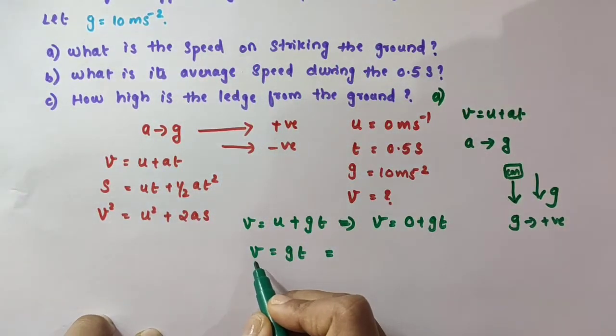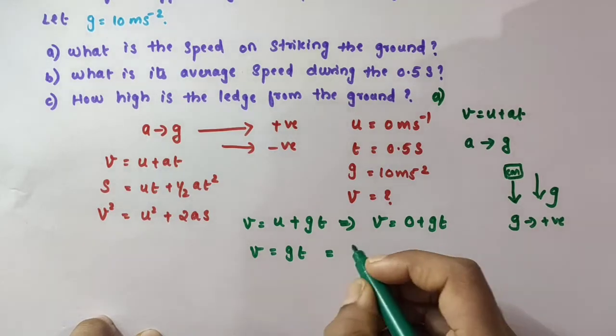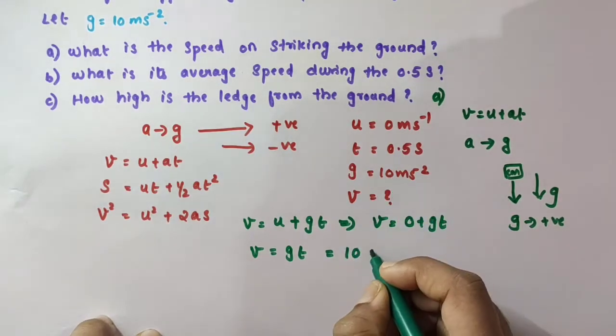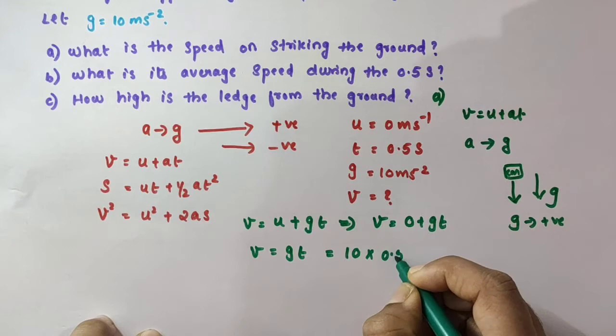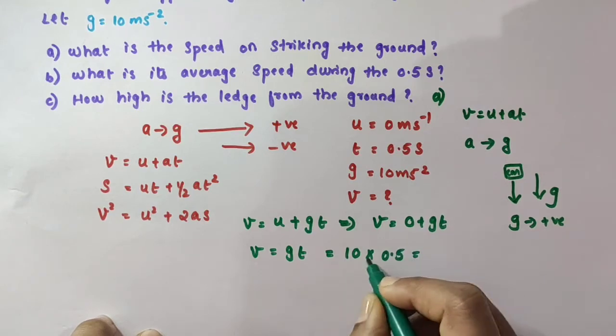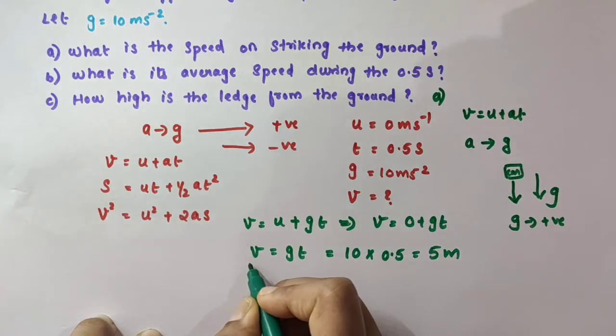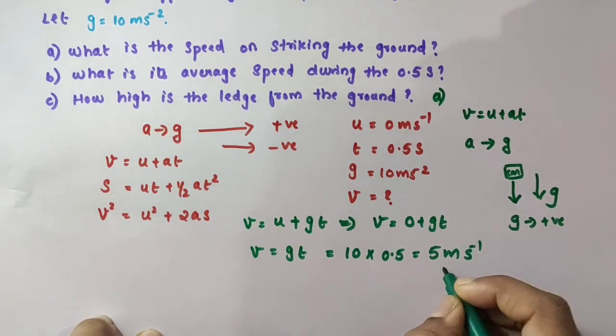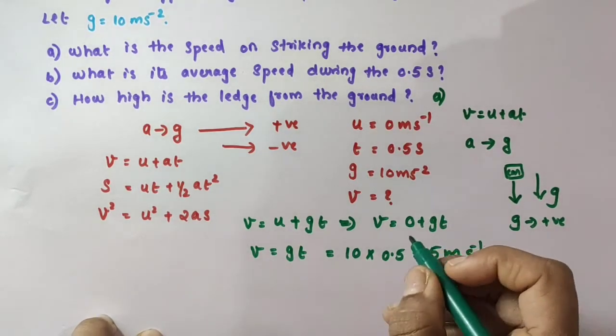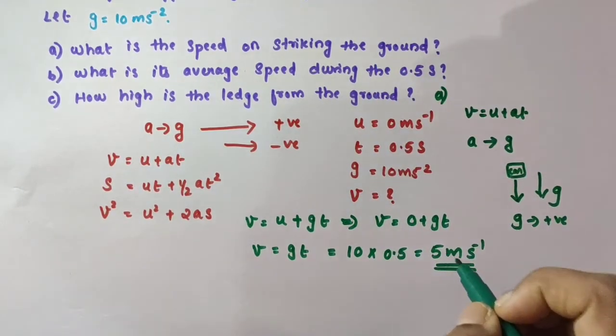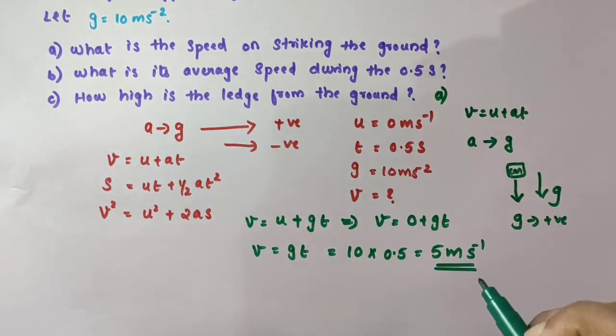That is, we want to calculate v. v is equal to g into t. The g value is given as 10, and t is given as 0.5. So 0.5 into 10 will give you 5. The SI unit is meter second raised to minus 1. So the speed of the car on striking the ground is 5 meter second raised to minus 1.